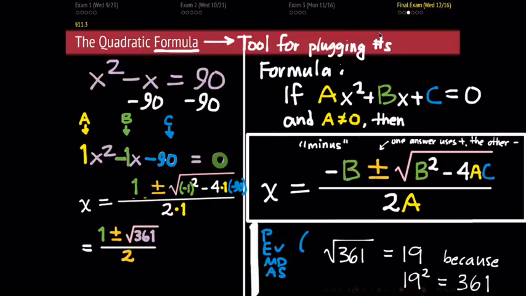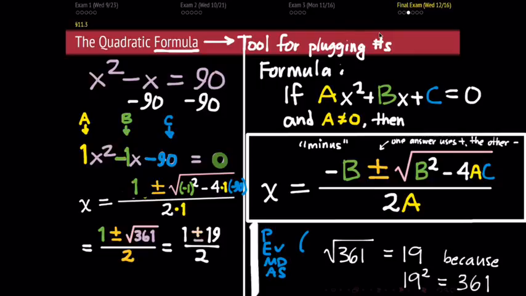So what we end up with is 1 plus or minus 19 divided by 2. And now we have to wrestle with that plus or minus. So what are we supposed to do with this plus and minus symbol? How do we get our answers out of that?